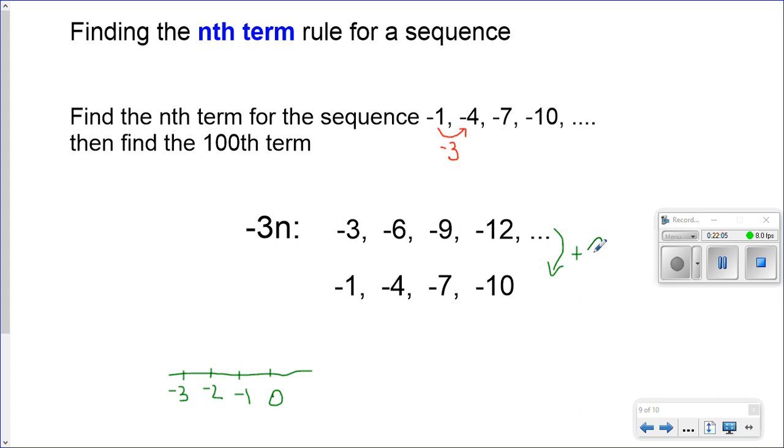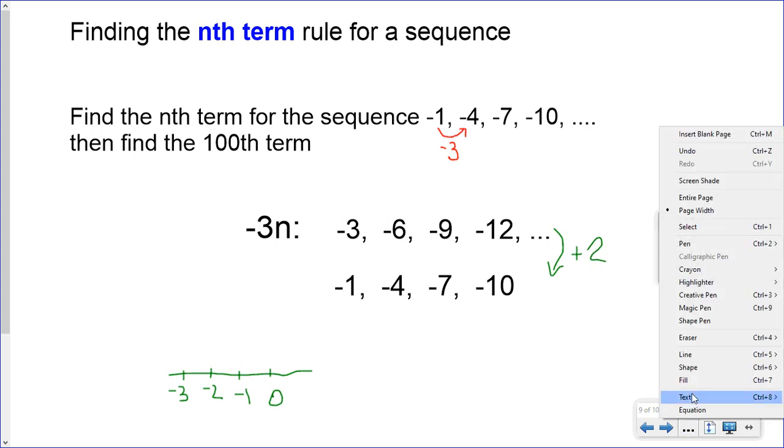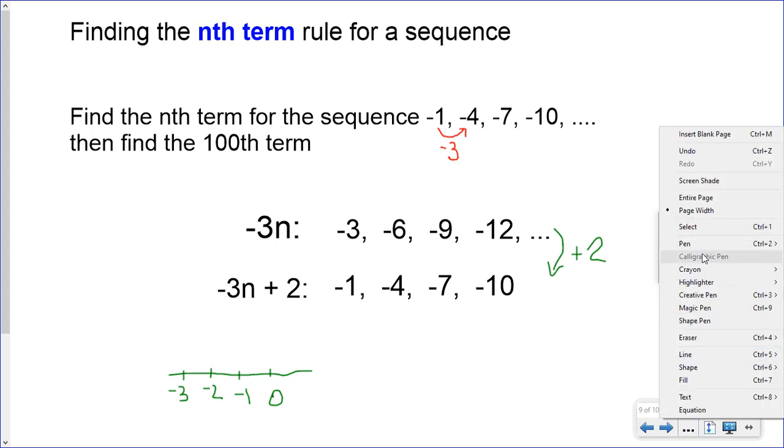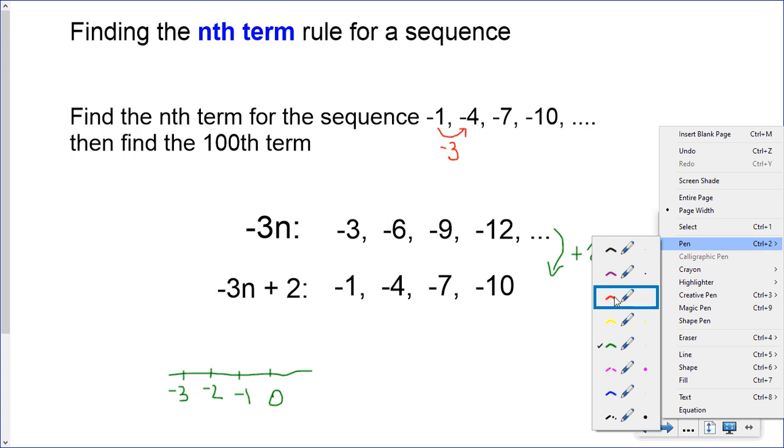So adding on 2 is how we're going to do that. So we started with the rule -3n, and then we need to add on 2 to our -3n sequence to get our sequence. So the rule for our sequence is going to be -3n, just as before, plus 2. And that is going to be our rule.